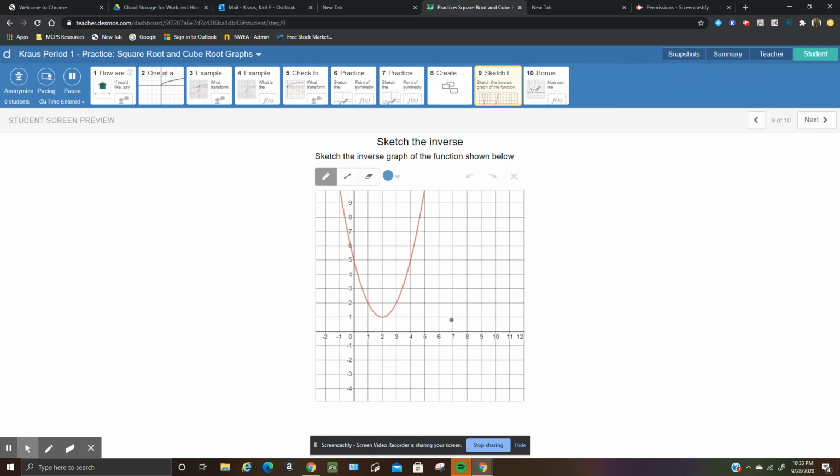All right, sketch the inverse below. So what you do is, this point is 2, 1. So I want to go to 1, 2. And then 3, 2 becomes 2, 3.